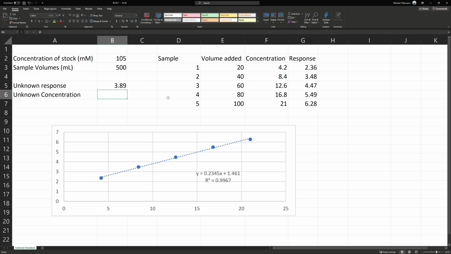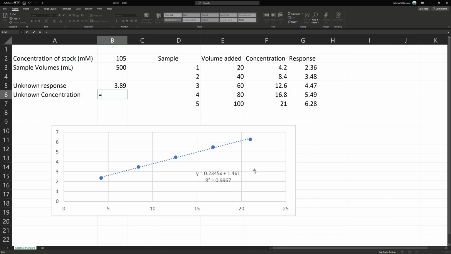Well, start with an equal sign. And what do we need to figure out? We need to figure out, if we take our y value here, this is our y value, this is our response, and we plug it into this equation right here, what is our x value going to be?